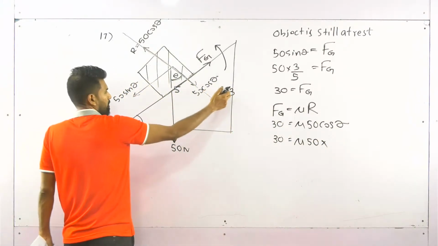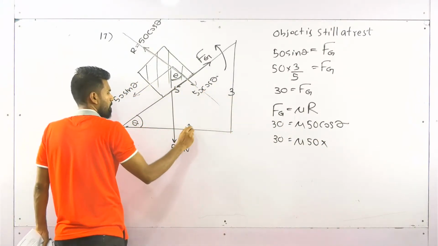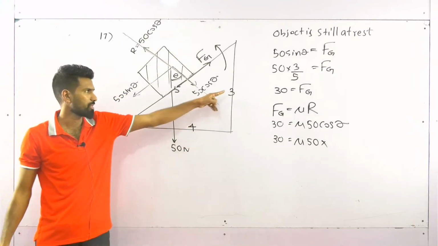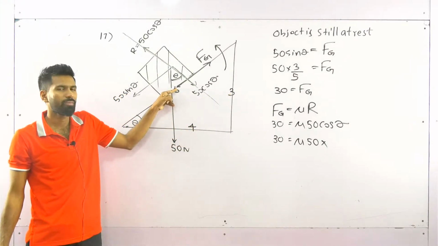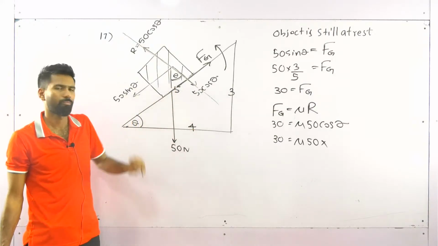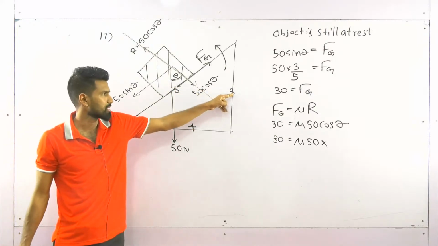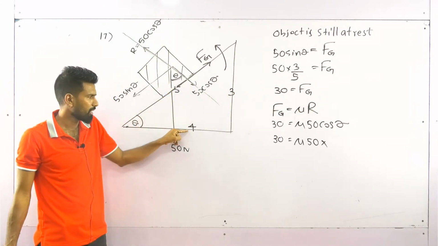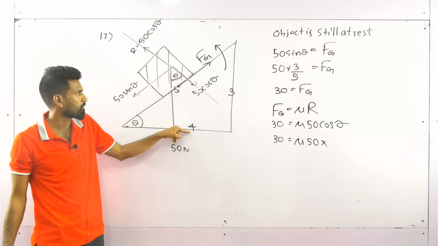If the ratio is 3 and 5, here it's 4. When you consider the ratios, if this is 3 and this is 4, then here it will be 5. You know that. So what is cos theta? 4 over 5. As they have given theta by the 3 to 5 ratio, the other leg is 4, so cos theta will be 4 over 5.